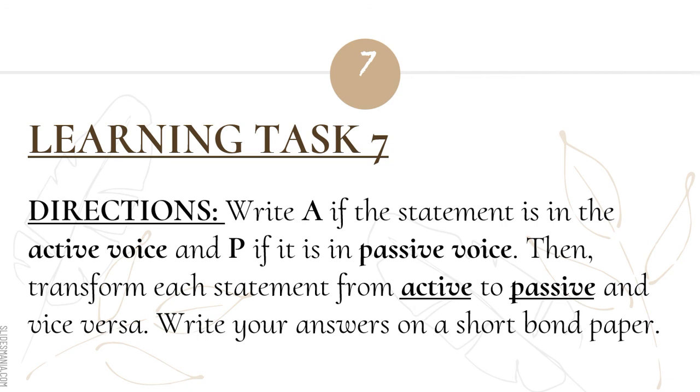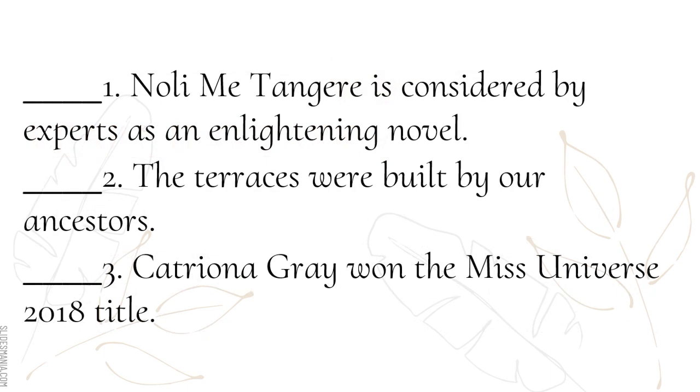Write your answers on our piece of paper, one whole piece of paper, intermediate pad. So we have here an example. Noli Me Tangere is considered by experts as an enlightening novel. So the sentence number 1 was given out by the word by.